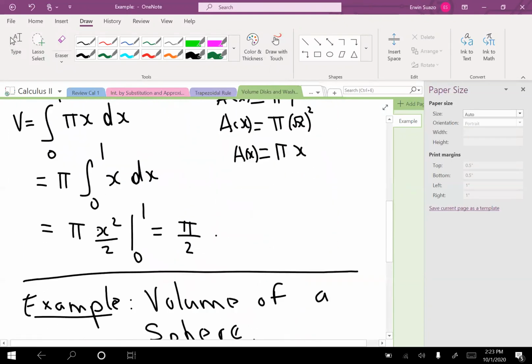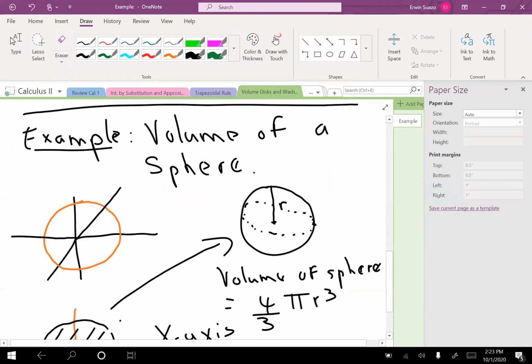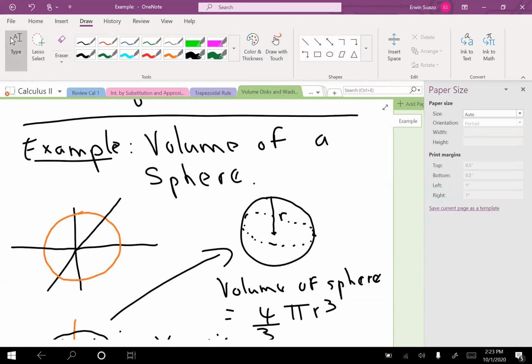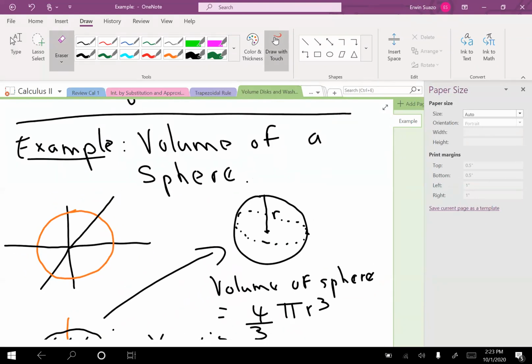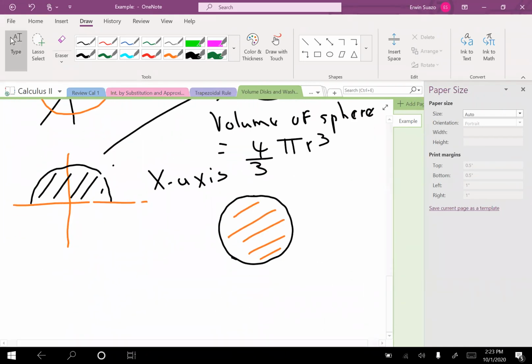Okay. So let's make the general case. Volume of a sphere of radius r. So to make a sphere of radius r, it starts and ends at minus r and r, correct?